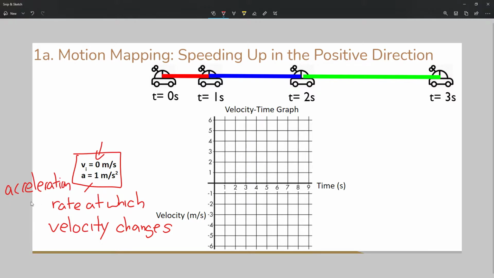It's also on the top of your notes. So if your acceleration is 1 meters per second squared, then that means your velocity changes by 1 each second.